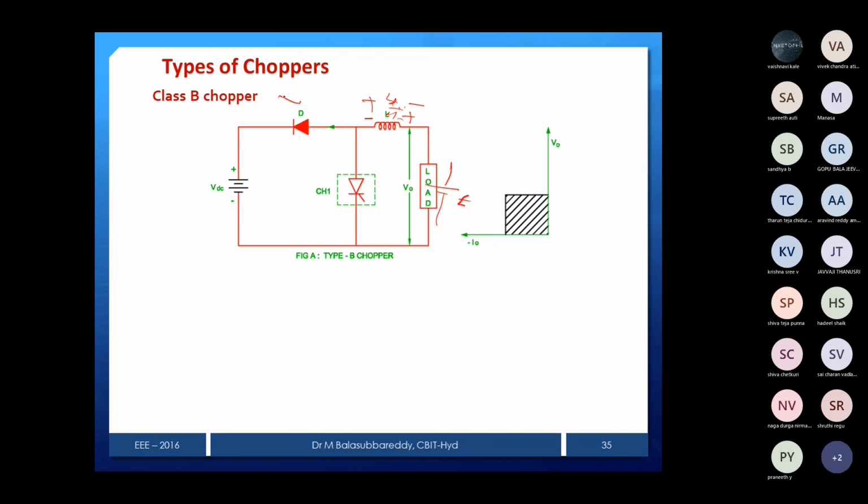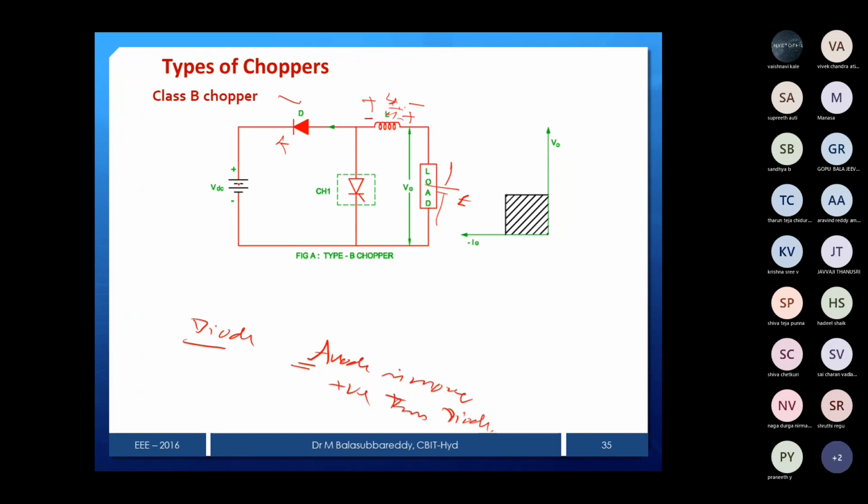Whether the diode is forward biased or not: you can see that the diode cathode is connected to positive. When will a diode, or any device, be forward biased? If the anode is more positive than the cathode.